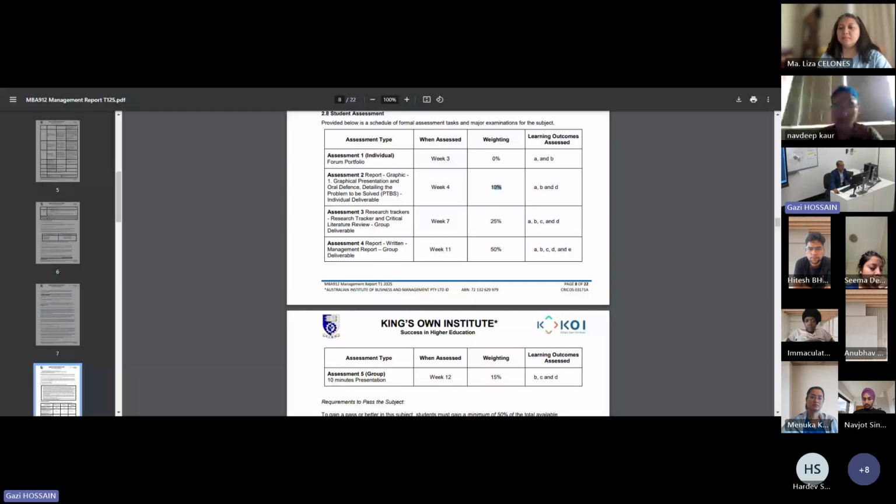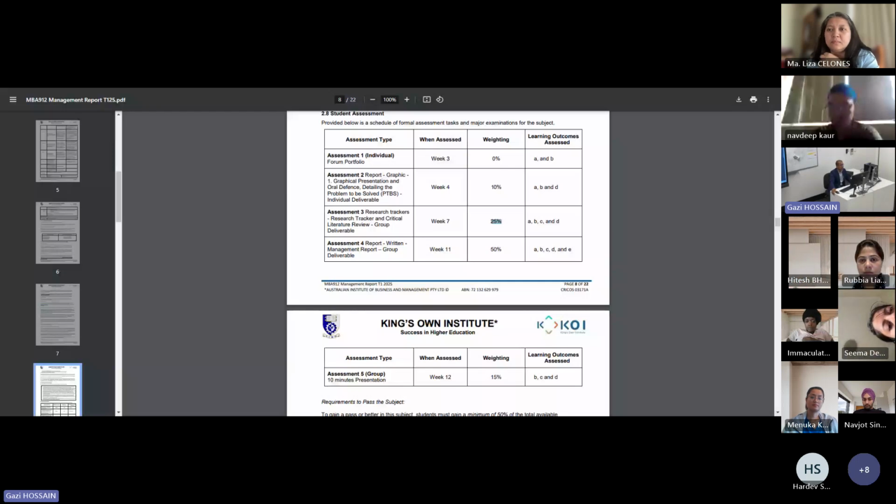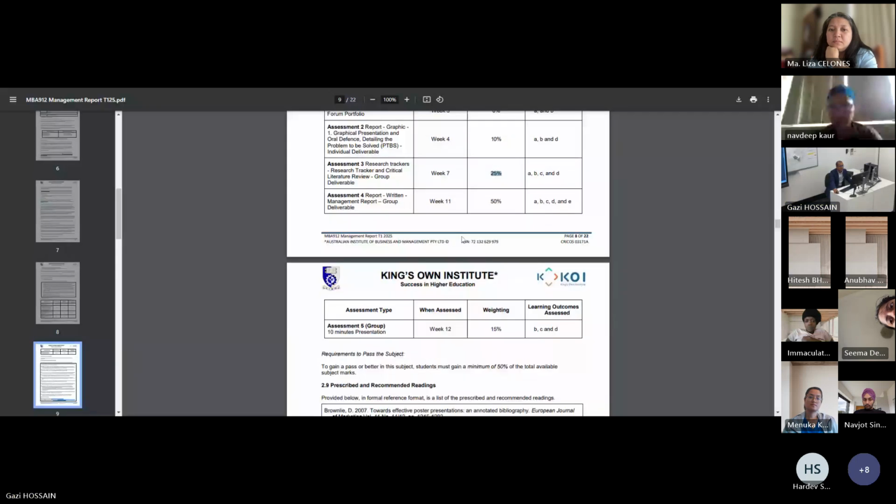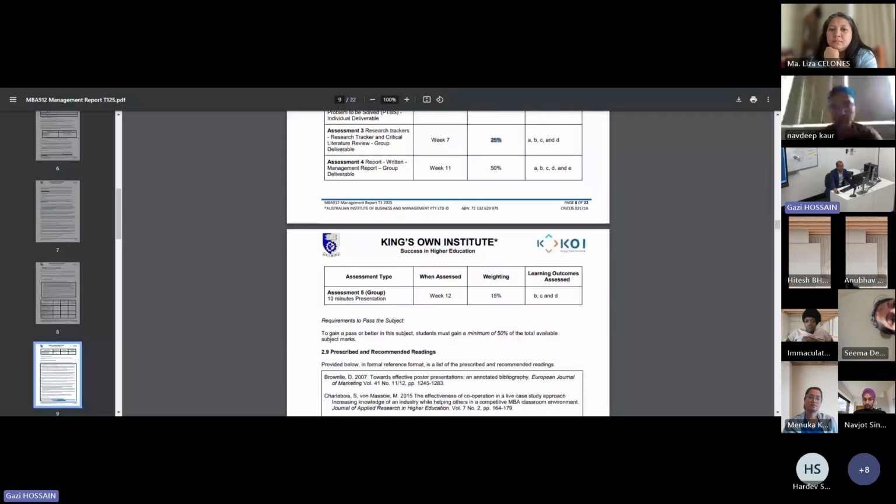Then assessment 3 is group work, worth 25% of the marks. It is a literature review, which is pretty much similar to your MBA 905 literature review. What you learned in MBA 905, this literature review is very similar to that. Then the written management report is worth 50% of the marks.